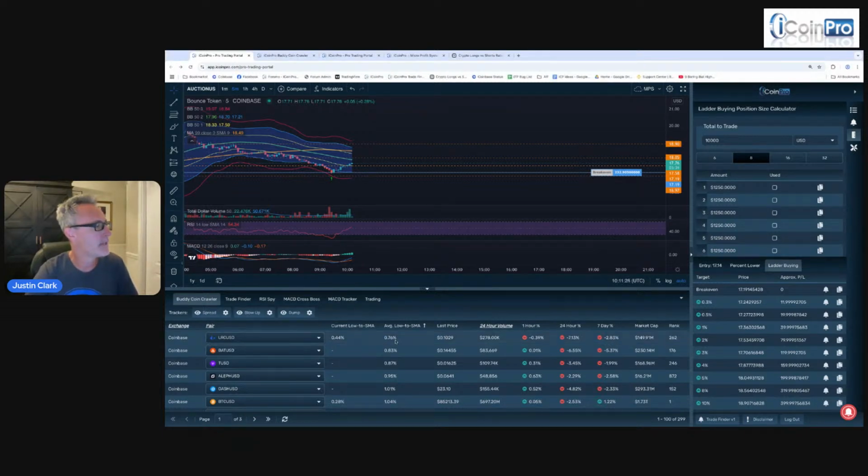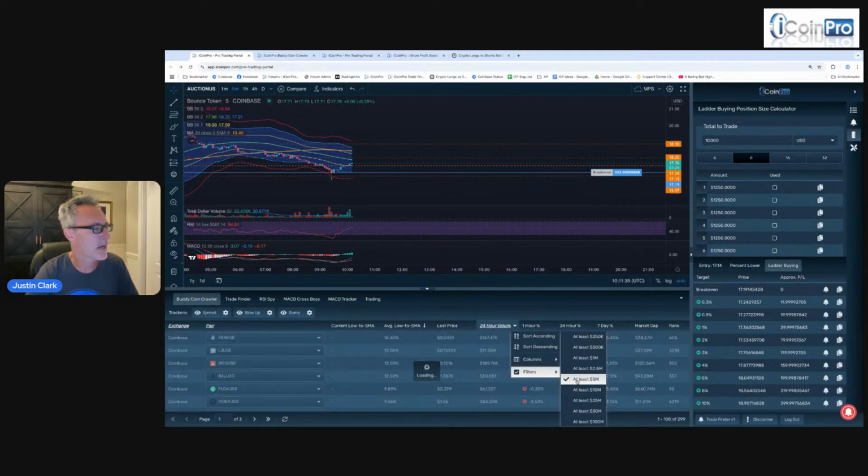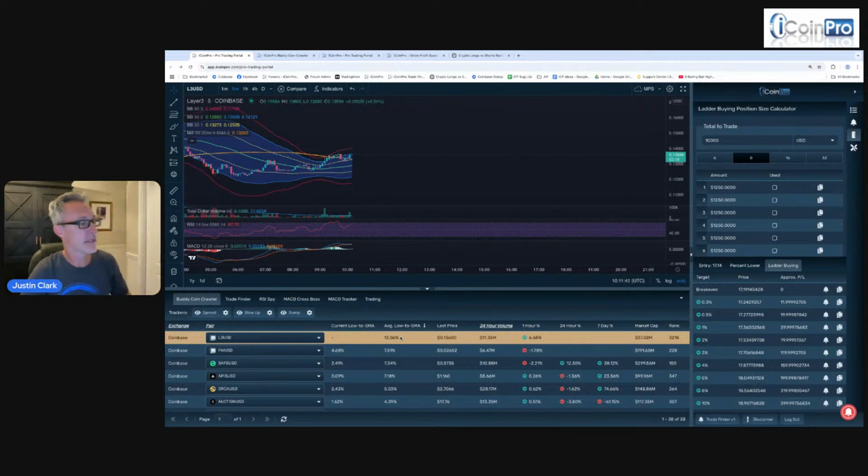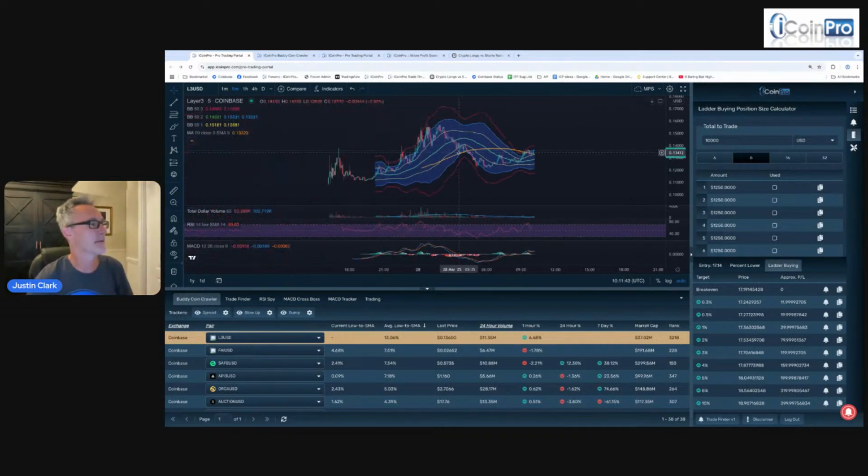Okay. Let's see. Average low to SMA. There we go. Let me move my 24-hour volume a little higher here. All right, so L3, I think this is a newly listed coin. This is always potentially very dangerous when you have a newly listed coin, so I'm not going to recommend that as a trading thing.